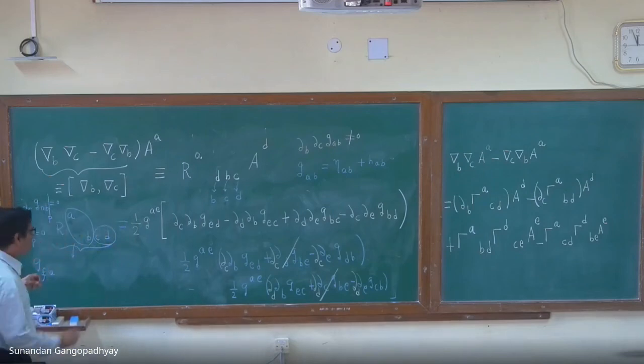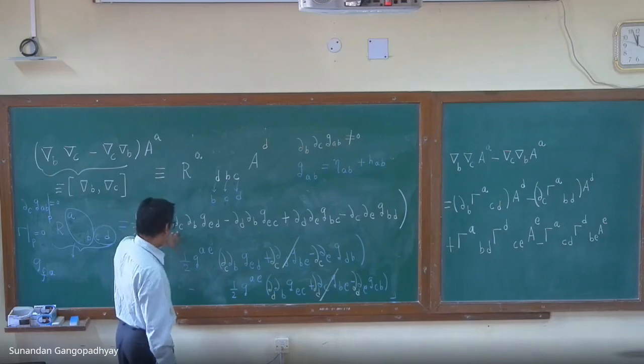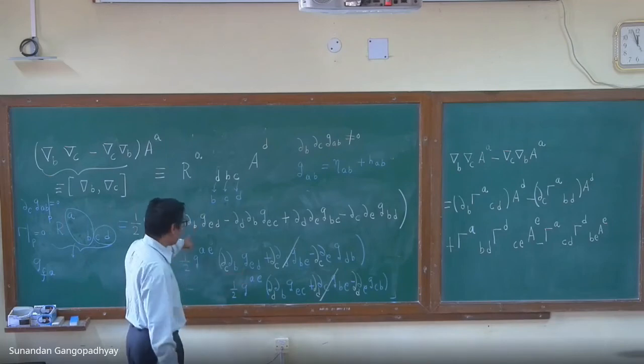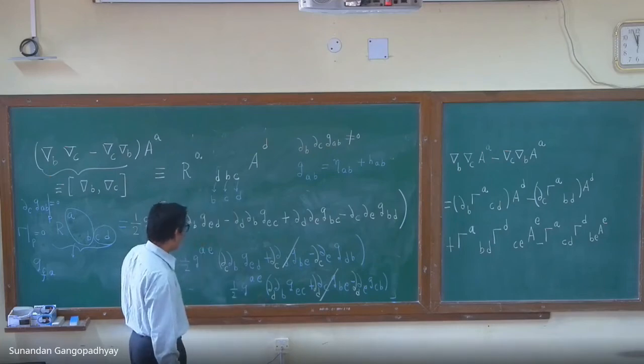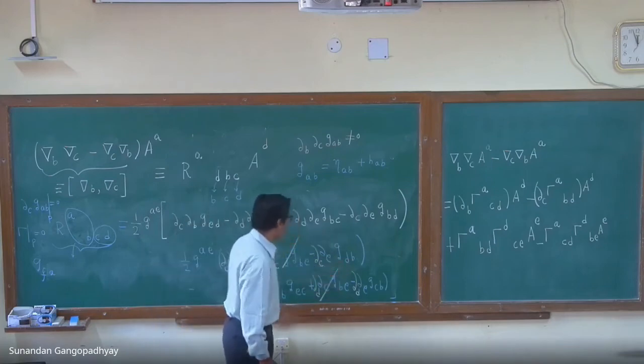So please write the correct result in your notebooks. This is plus. I have removed the first. This is LCD GED. Correct. This term is correct. Yes. Very good. This term is correct. Okay. Minus, minus del P G BC.